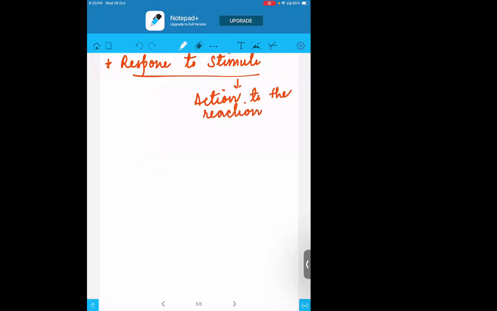Or I'll write it a little the other way: a stimulus is a change in an organism's surroundings which causes it to do a reflex action. Correct. Exactly. It is a kind of change which happens because of a sudden change. So in simple words, I'm writing it here: reaction to the action.